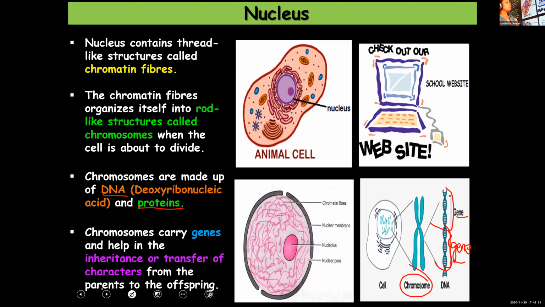Chromosomes we are comparing to a school website because all the important information related to a school will be uploaded and stored in our school website. Similarly, all the genetic information, all the necessary information, is stored in the chromosomes. So that is why we are comparing chromosomes to a school website.